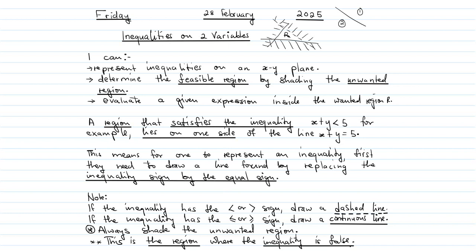It means the signs were these ones. And then of course we have already mentioned that once you determine, you shade the unwanted region. Are we clear? And the unwanted region is the one in which the inequality is false or the inequality is not satisfied. Like I'm saying, once you draw a line, there is always region 1 and region 2.